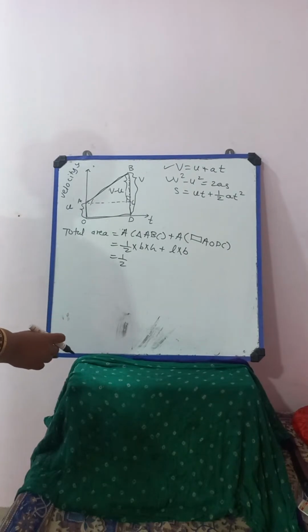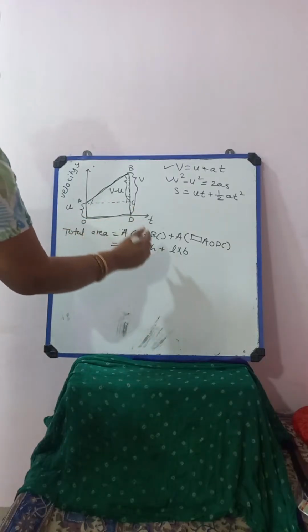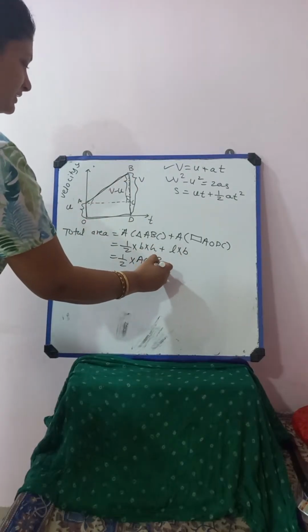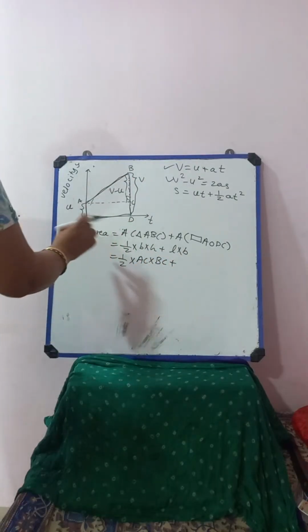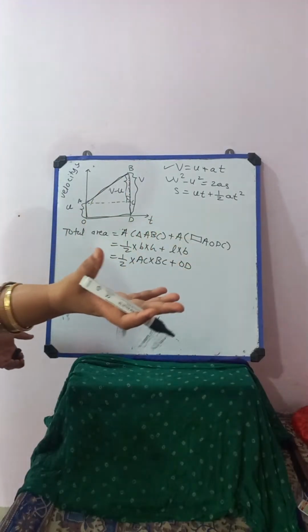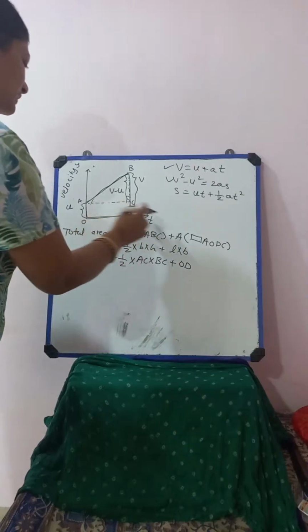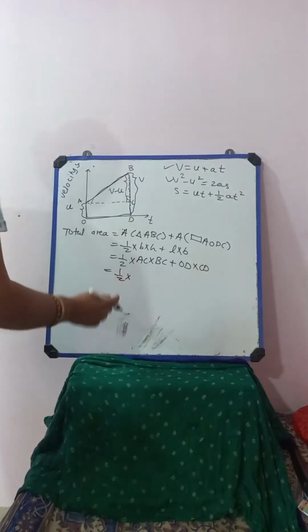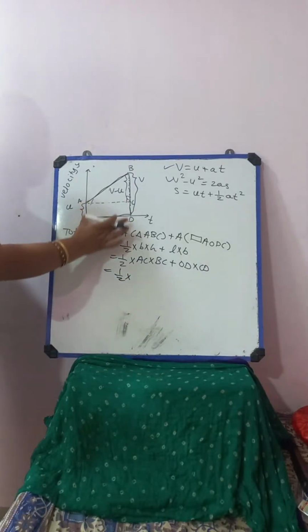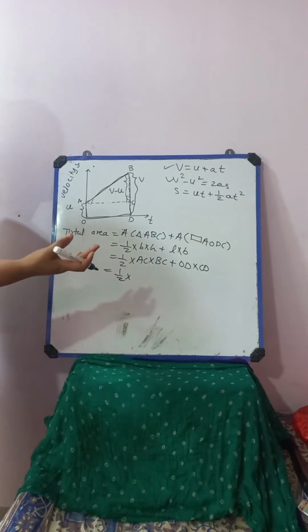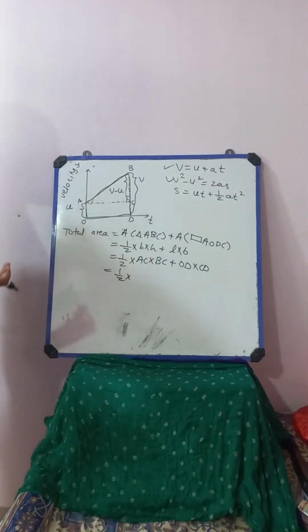Here base is AC and height is BC, plus for this rectangle length is OD, you can take AC also, and breadth is CD. So what is AC here? A to C is the same as OD, no? AC and OD are parallel and equal. OD represents the time, so AC also represents time here.